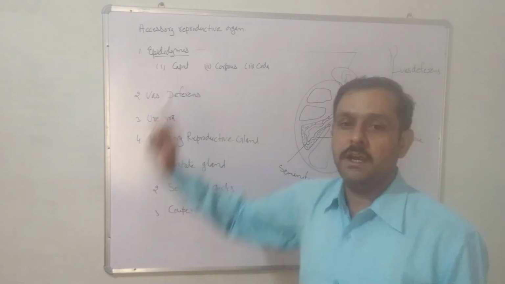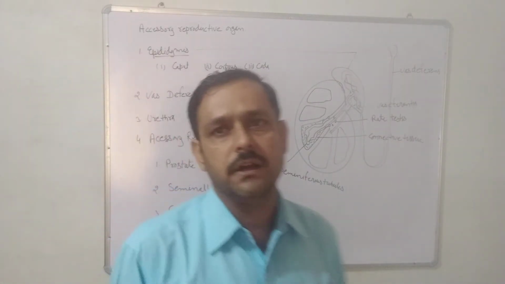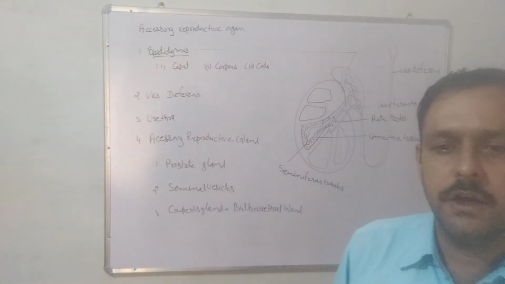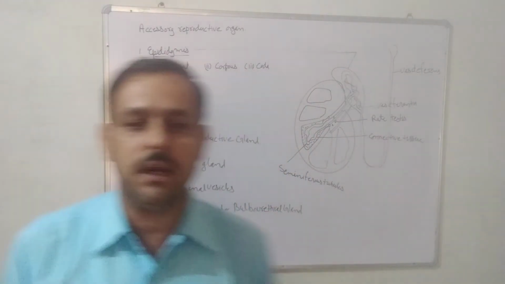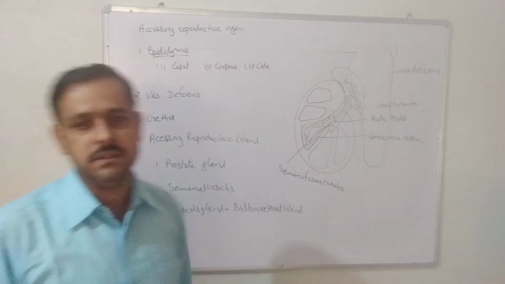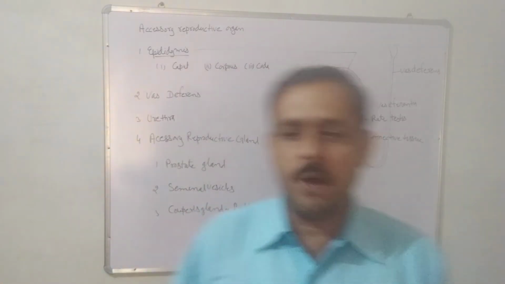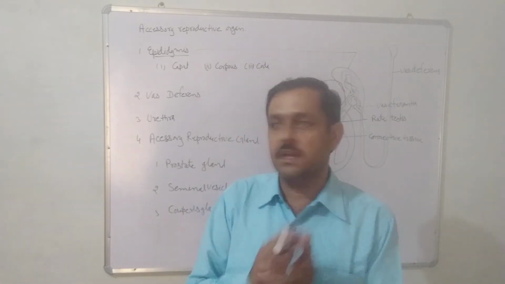Corpus epididymis is the middle, narrow part, which is thin and flat and extends up to the lower surface of the testes. And cauda epididymis is the last part, which is thin and covers the lower portion of the testes.